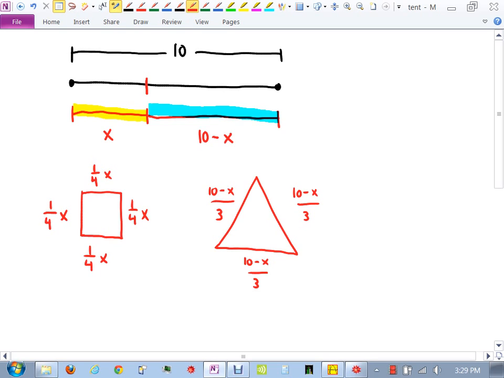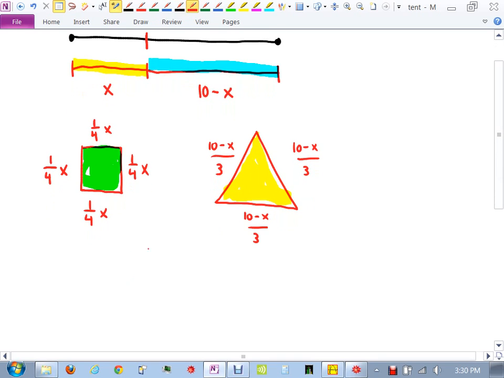Agreed? Now we want to talk about the area, right? Because they want to know, where do I cut it so I get the most area, and where do I cut it so I get the least area when I add the two together? So I'm trying to look for the total area, which is the area of the square plus the area of the triangle.